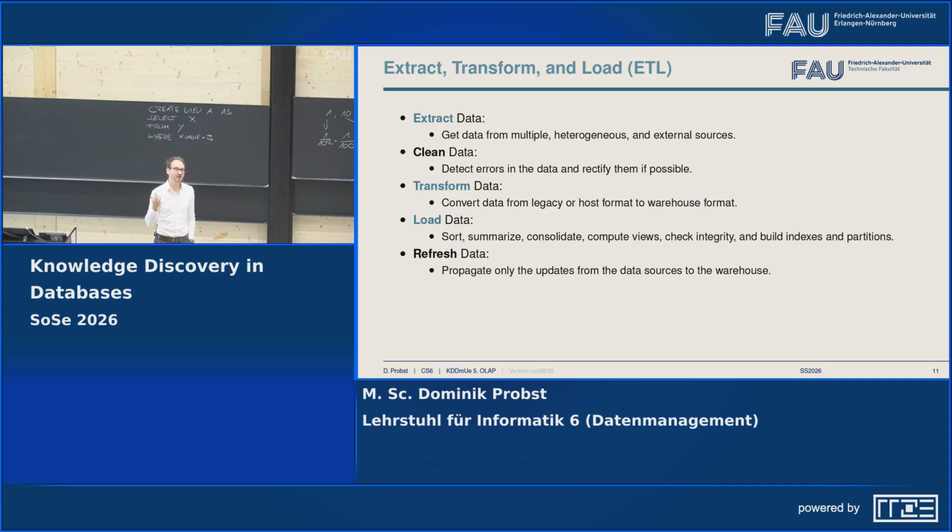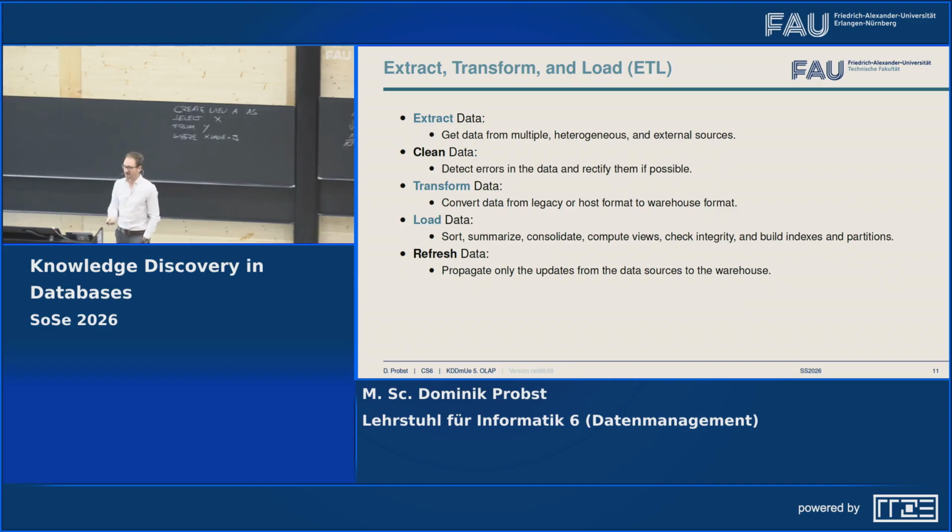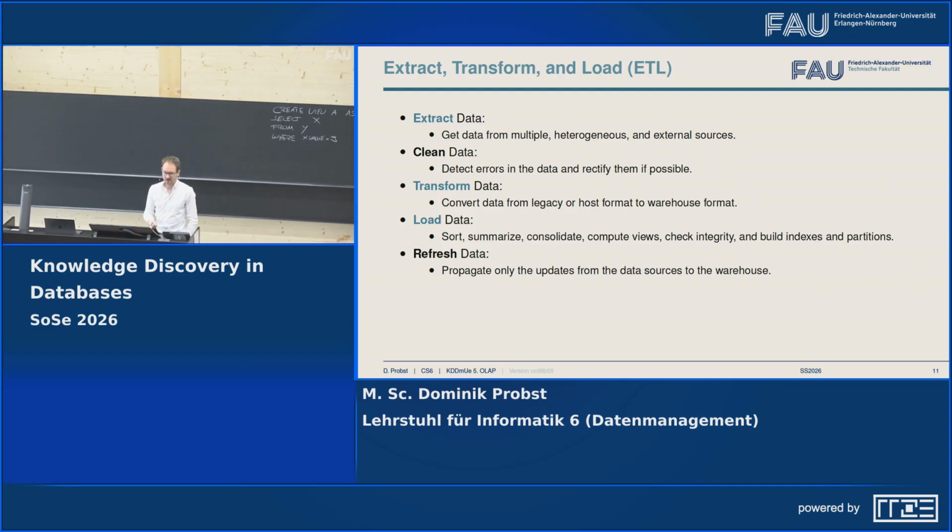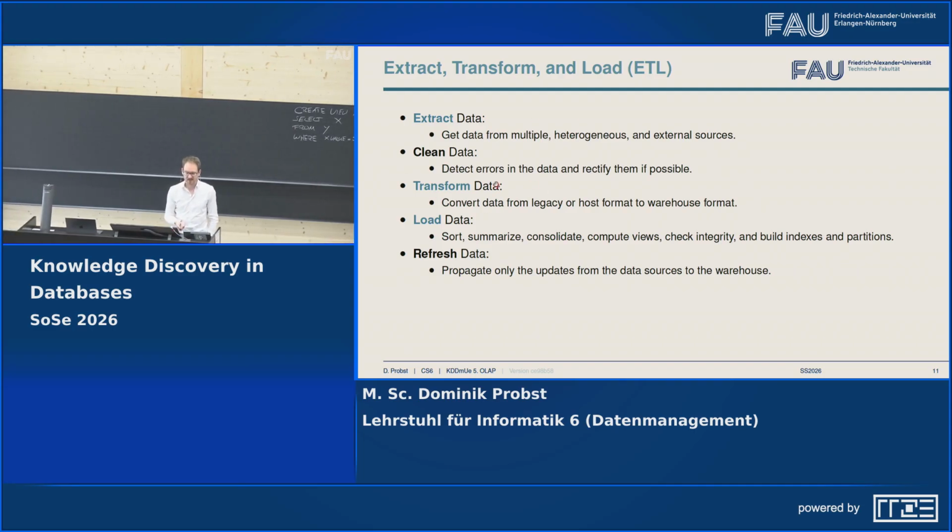And the cleaner you get the data, the better your data warehouse gets in the end. After that, you try to transform the data. Cleaning and transformation are pretty much intertwined with each other. You can say cleaning is just a subset of transformation. That's why cleaning isn't in the original three steps.